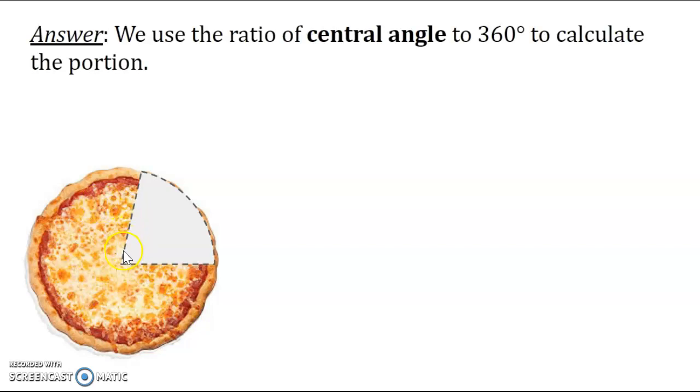In this case, if we measure the angle at the center with my protractor and get 80 degrees, I know that the portion that is missing is 80 degrees out of the 360. 360 degrees is the whole pizza. 80 is the portion that is missing.